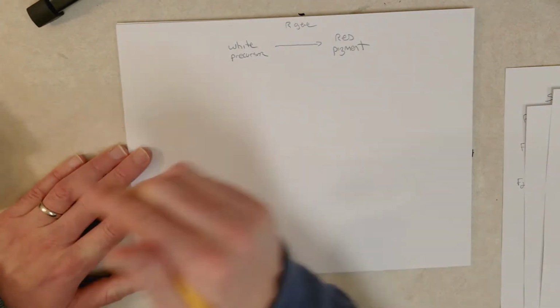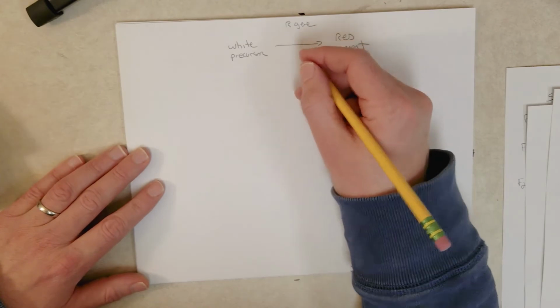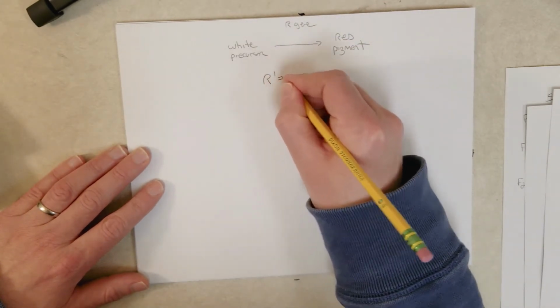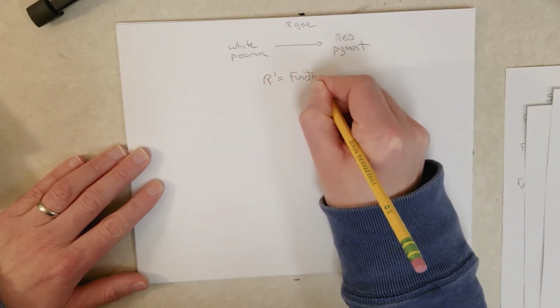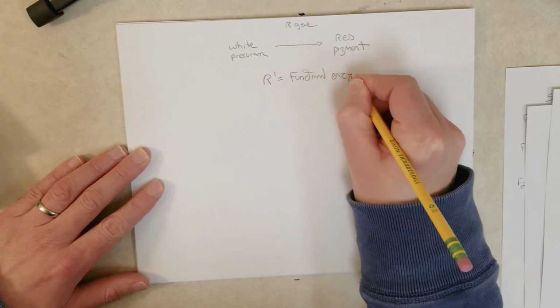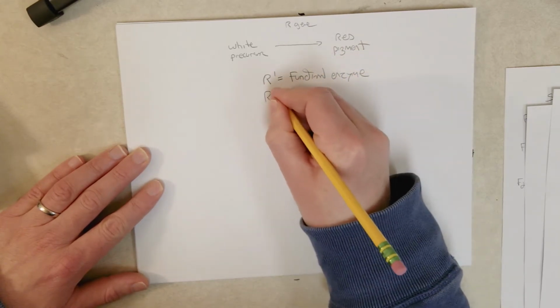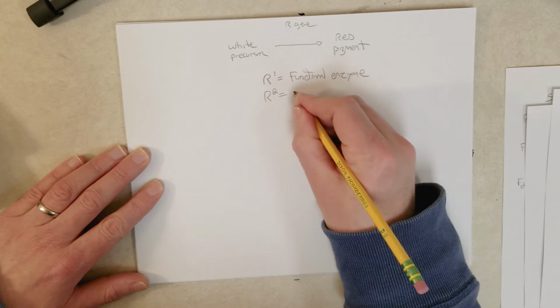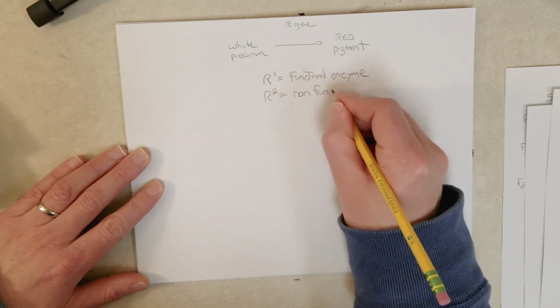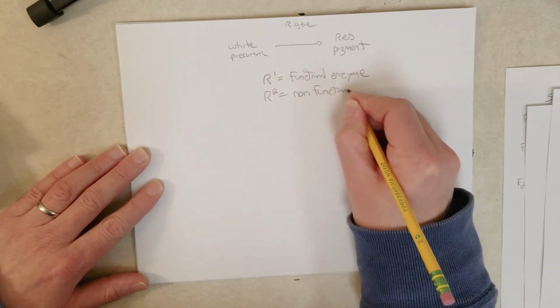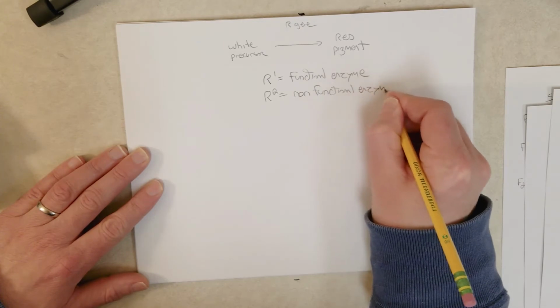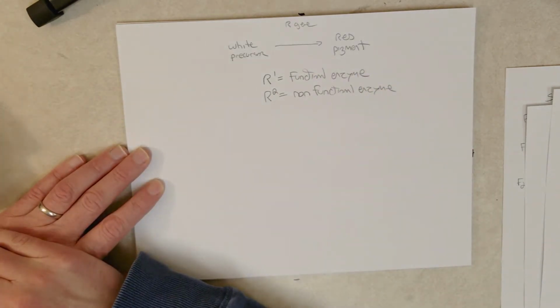And let's say the R1 allele equals a functional enzyme, and the R2 allele is non-functional. It could be a null allele, so the enzyme just does not function.